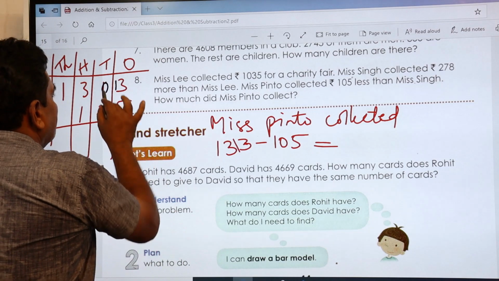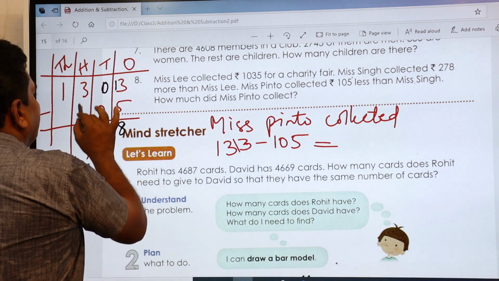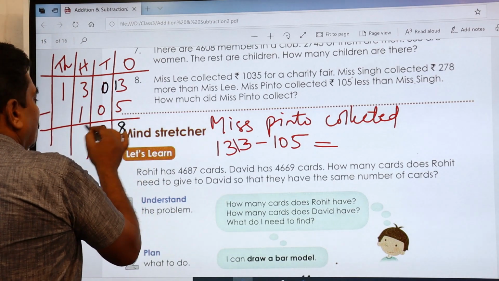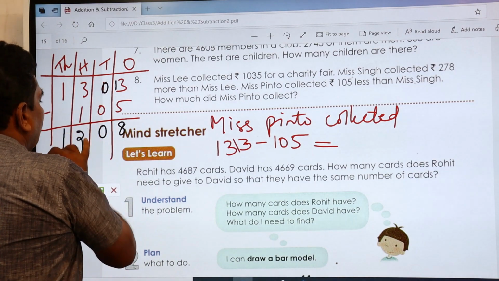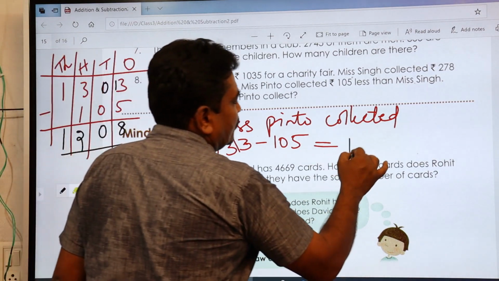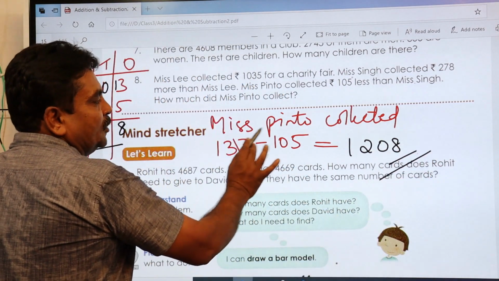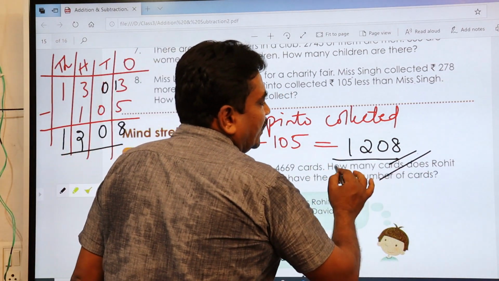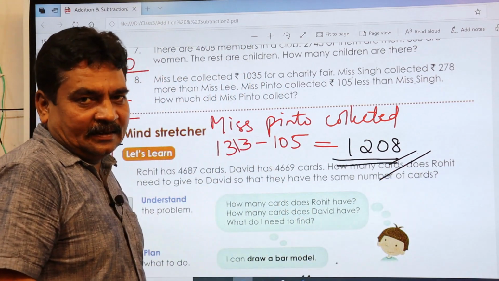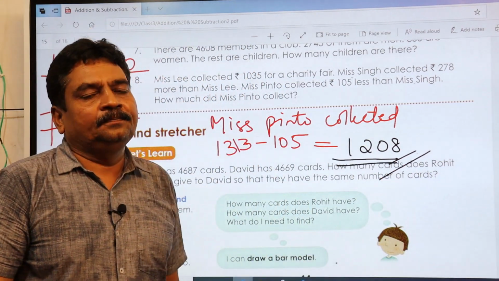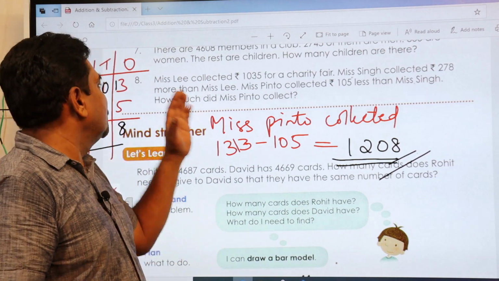So 8. 0 minus 0 is 0. 3 minus 1 is how much? 2. And this is 1. 1208 rupees. Therefore we can say Miss Pinto collected 1208 rupees. This is your answer. So we have finished this 8th one.